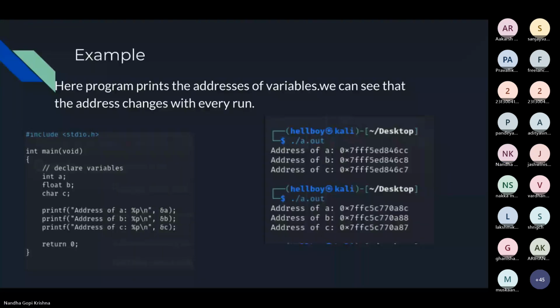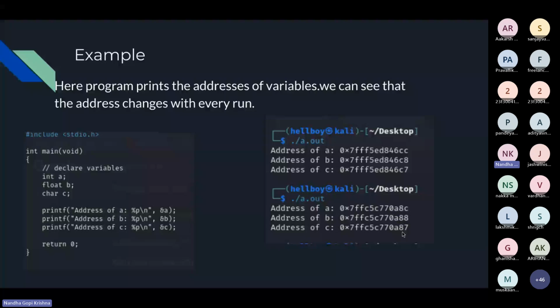Okay, so if ASLR is enabled, you can see that when the program is run for the first time, these are the addresses of the variables on the stack. And when the program is run for the second time, you can see clearly that the addresses of the variables are changed. However, their offsets are constant.